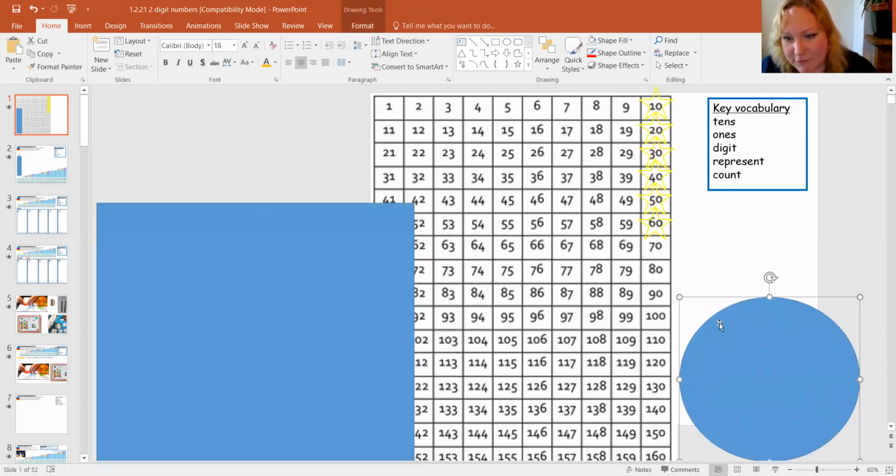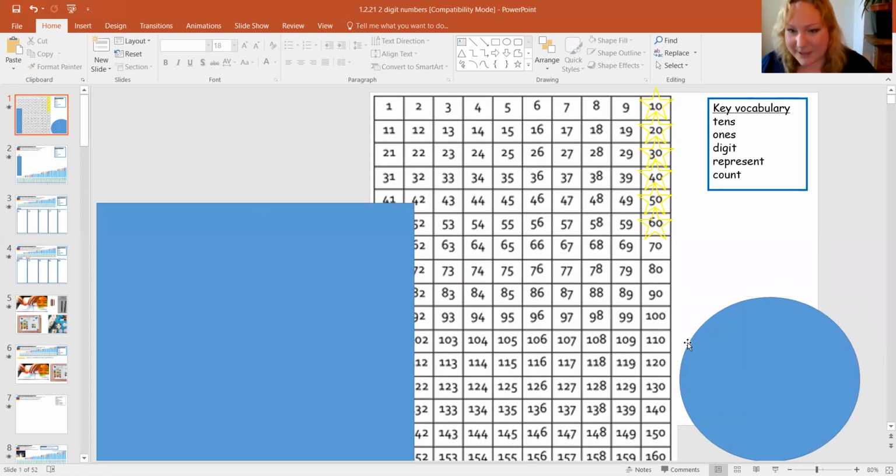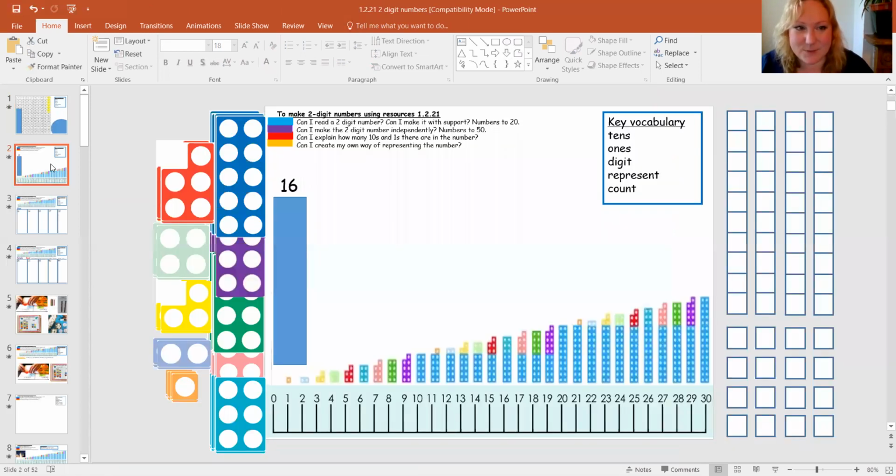I could also represent a circle by getting lots of pebbles and putting them in a circle, or by getting some seeds and putting them in a circle. This is going to make more sense as we go on.